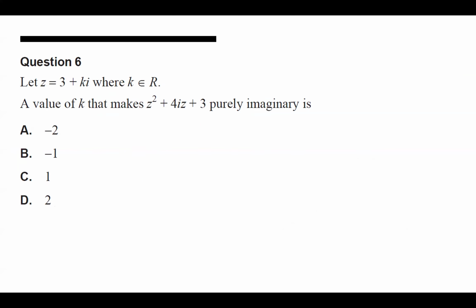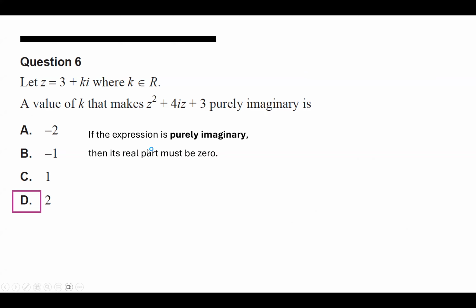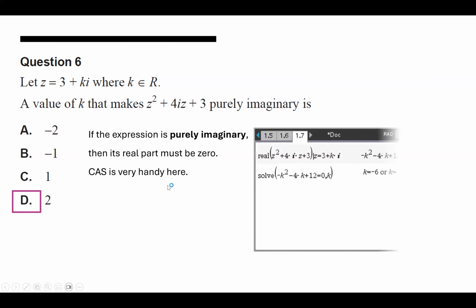Question 6, I would like to feature the CAS calculator use. First of all, we have z equals 3 plus ki, and k is a real number. We would like to take a more complicated expression and make it purely imaginary. If this expression is purely imaginary, the real part of this whole expression must be 0. So now, here is a screen dump from my CAS calculator.